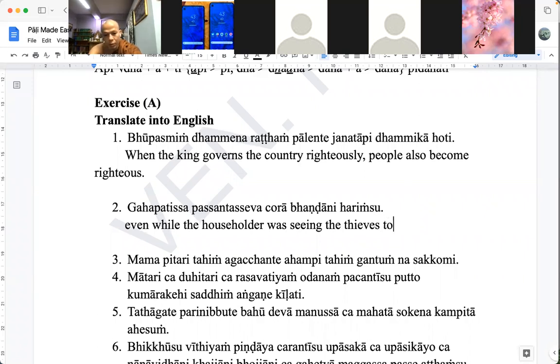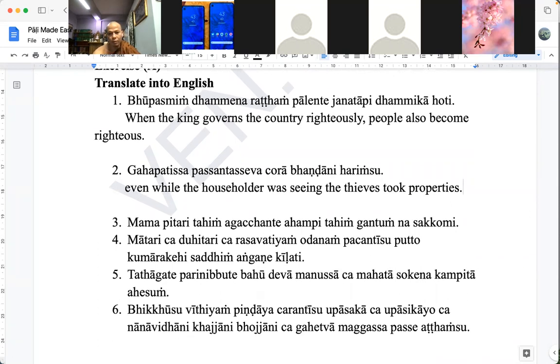So Harim, so took, Bandani, so properties. So even when the householder was seeing, the thieves took the properties. Okay.